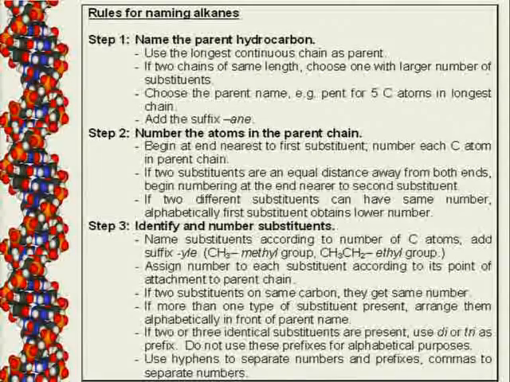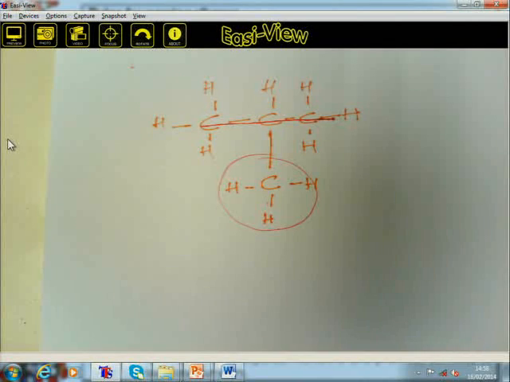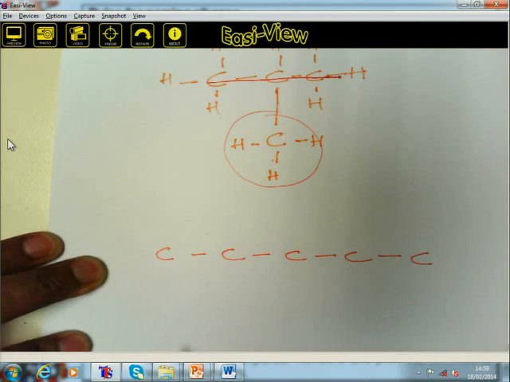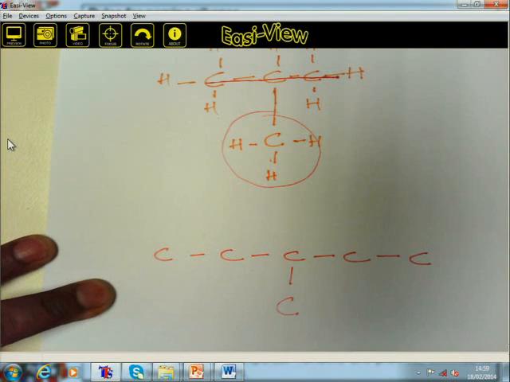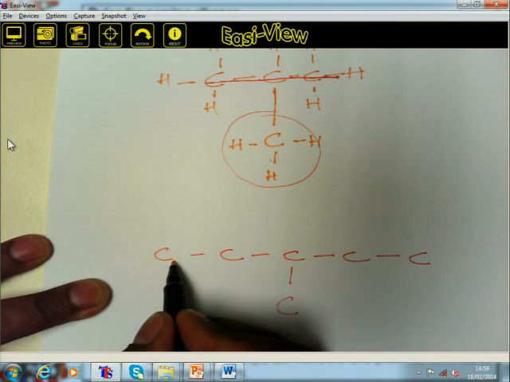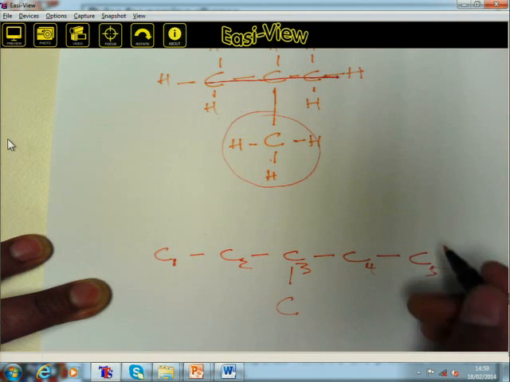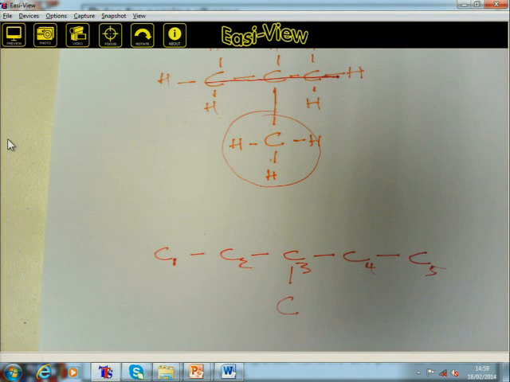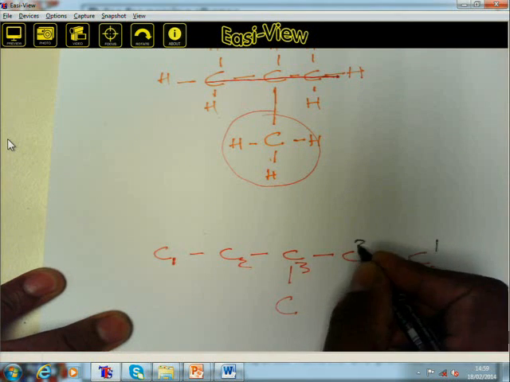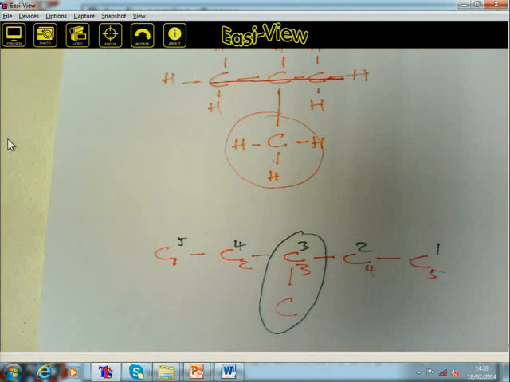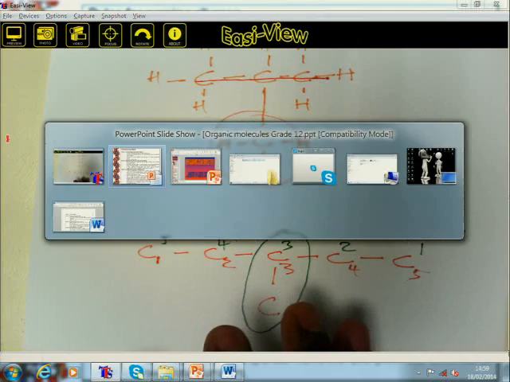For example, if we have 5 carbons in our long chain, 1, 2, 3, 4, 5, and we put our substituent at carbon number 3, it doesn't matter whether I start counting from this side, 1, 2, 3, 4, 5, or from my right hand side, 1, 2, 3, 4, 5. My substituent is still at carbon number 3. It doesn't matter which side I take. So that is what they mean there.